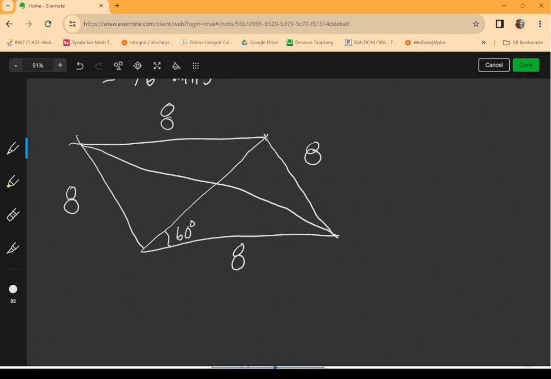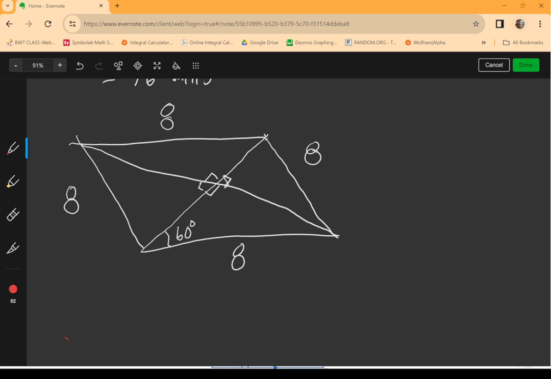Okay, so since it is a rhombus, I know that all of these angles here are going to be 90 degrees. All right, and I also know that, so here, let me change colors to just put in the stuff that I'm filling in, right?